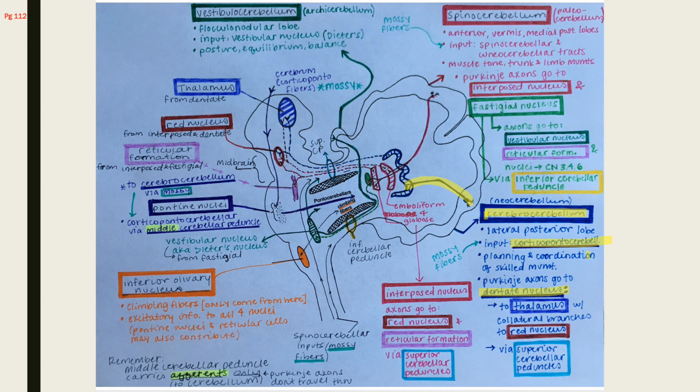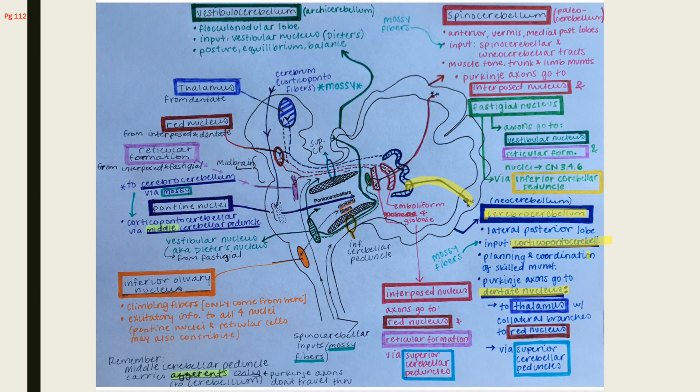What we haven't talked about are climbing fibers yet. I have it labeled in orange down there, the inferior olivary nucleus, and it's written under this little flow chart on page 113. These are non-cerebellar influences on the deep central nuclei.